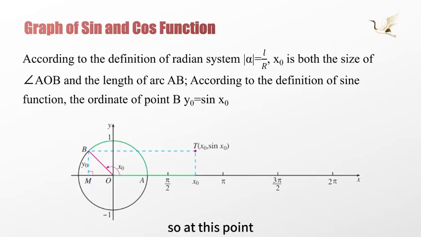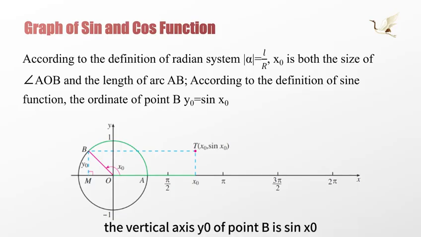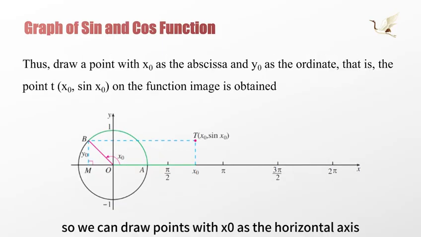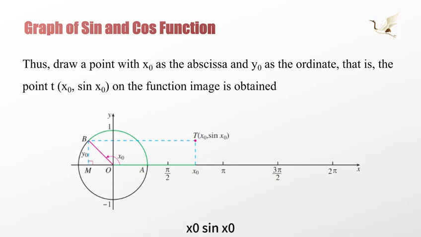So at this point, x0 is both the size of angle AOB and the length of arc AB, and according to the definition of the sine function, the vertical coordinate y0 of point B is sine x0. So we can draw a point with x0 as the horizontal coordinate and y0 as the vertical coordinate to obtain a point T on the function graph, (x0, sine x0).